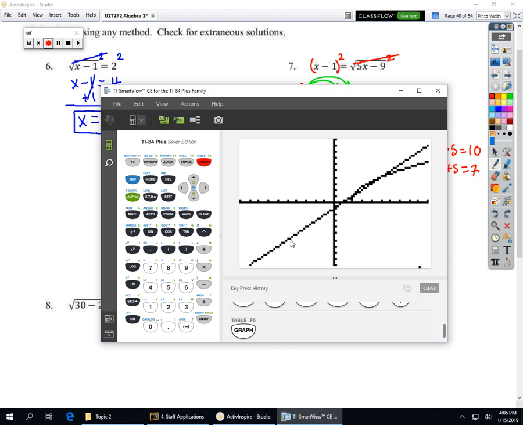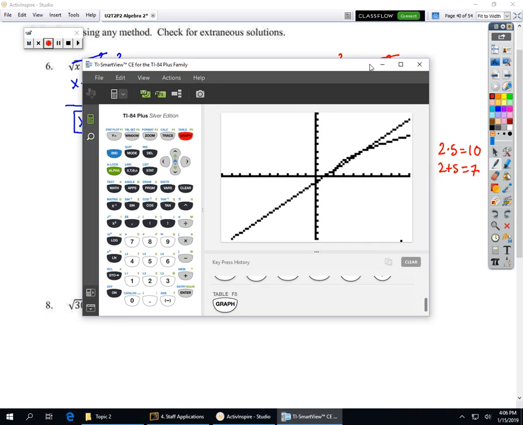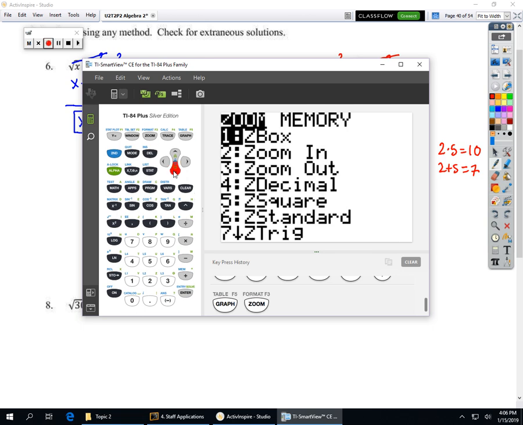So you got a line here and a little curve there. Does it cross in two places? Does it cross at 2 and 5? So here's 1. So it does cross at 2, 3, 4, 5, and it looks like it also crosses at 5 as well. So maybe we'll zoom in a little bit.